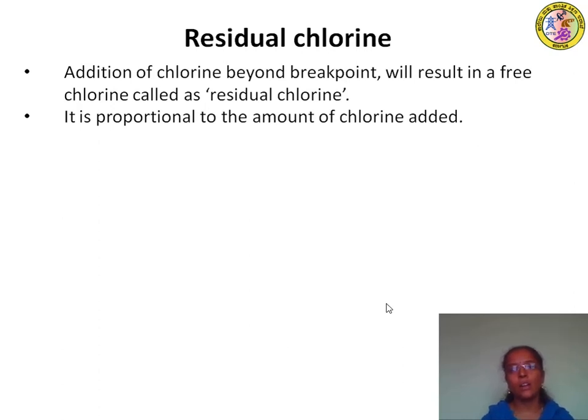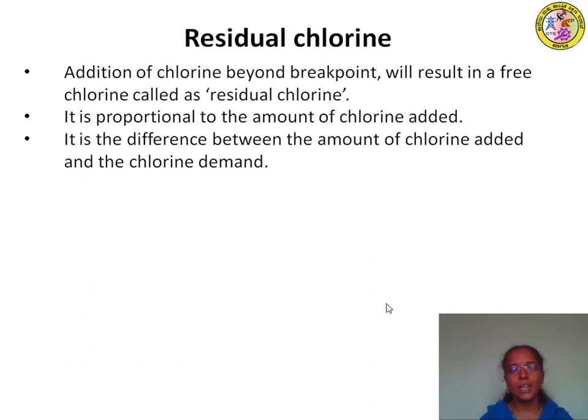When you add a chlorine amount much higher than the demand, definitely the residual chlorine will be more. If you add less than the demand, then the residual chlorine will be 0. If the demand is 0.5 and you add 0.6, the residual chlorine is 0.1.